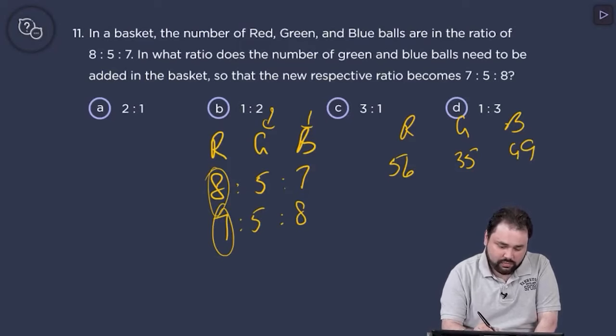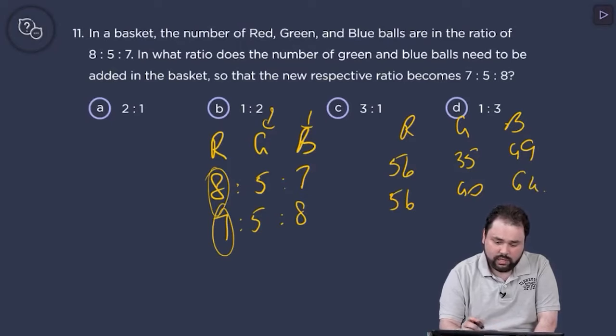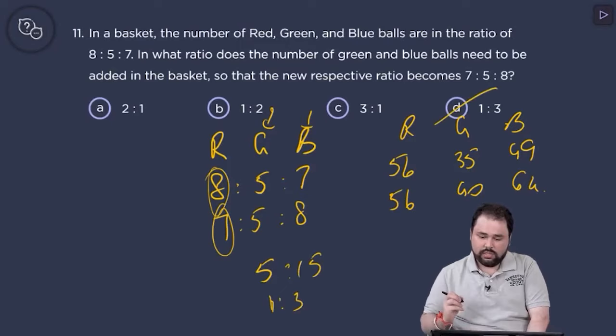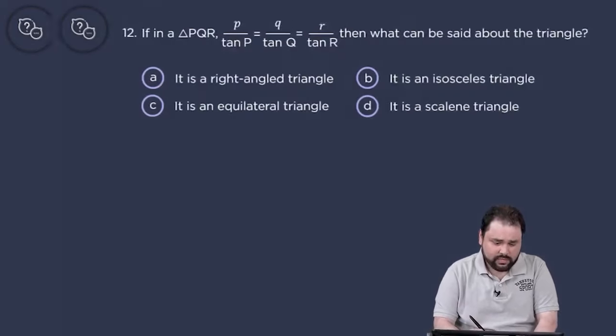Now 7 parts is 56, that means each part is 8. So 56, 40, 64. What is the question? In what ratio the number of green and blue balls? So green I have added 5. Blue I have added 15. 5:15, which is 1:3. This is D. Easy. That's why I like this question.